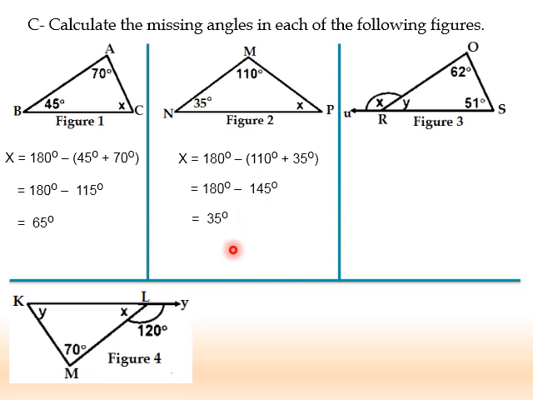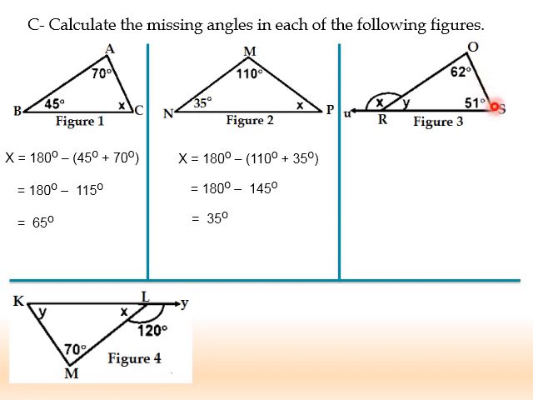Now, here I have two angles, X and Y. Which one of them can I start with? Here, to calculate angle X, I have to calculate Y first. But how to calculate Y?